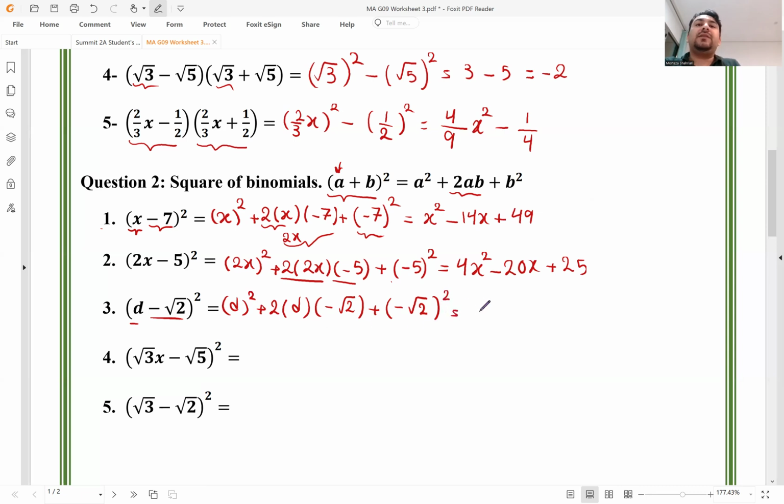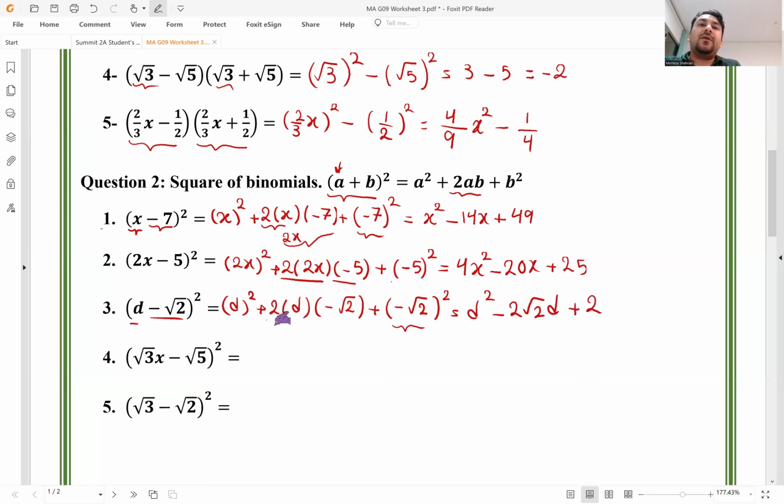Okay, d powered by 2 is d squared. 2 times d is 2d, times negative radical 2 is negative 2 radical 2d. And then negative radical 2 powered by 2 is positive 2.